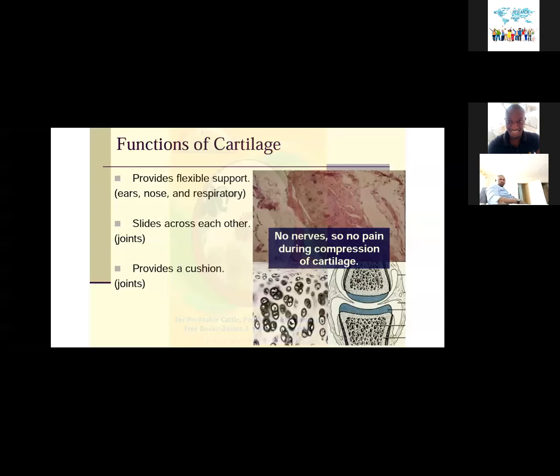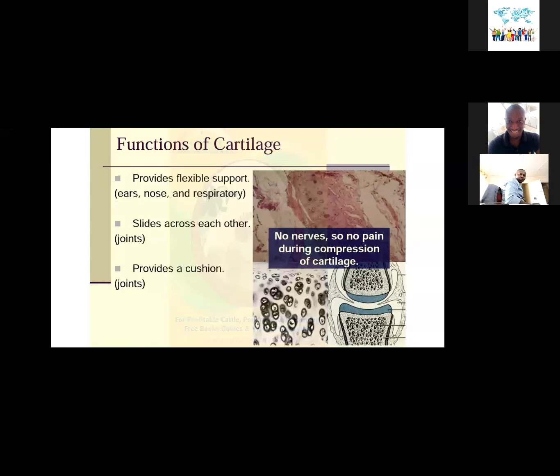So whenever there's a compression of the cartilage, whenever there's that friction between bones, in any animal, even us, we don't feel any sensation. Because believe you me, if we had nerve supply in our joints, our cartilage would actually be feeling a lot of pain, because these locomotion and friction processes that happen there are definitely very sensory and painful to a certain extent.